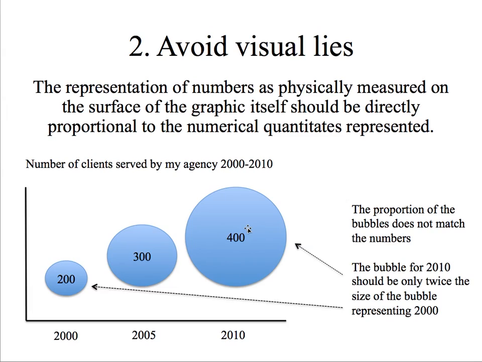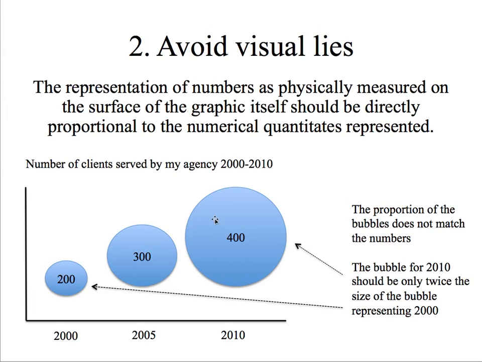We're creating an illusion here by using a larger area to show a greater change than what it is. Because the area is much larger, our eyes are telling our brain this is a huge increase, but the numbers are not showing what the areas are. So this is a visual lie.